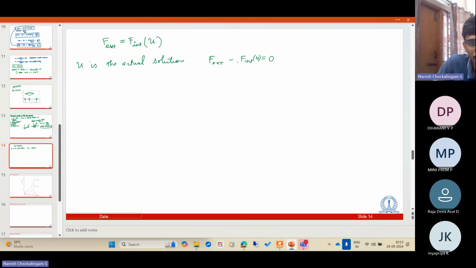So that is if u is the actual solution, but if u is an approximation, say suppose un is an approximation. What do I say? I can say R is equal to F external minus the internal force due to un. Will it be 0?